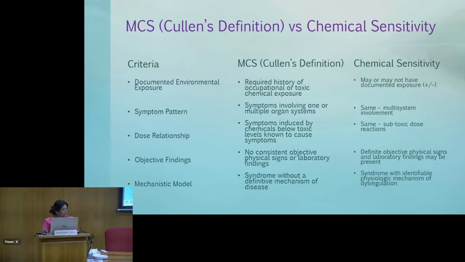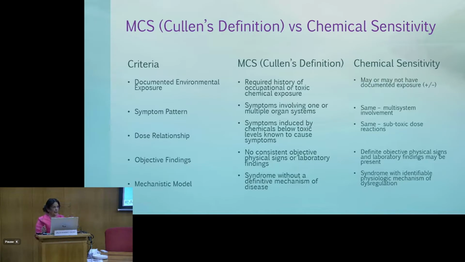However, in chemical sensitivity, we don't have a documented history of toxic chemical exposure. There may be exposure at a subtoxic level, there may be multiple system involvement, there may be one or more. The symptoms can be in one system or multiple organs, but there are objective signs.